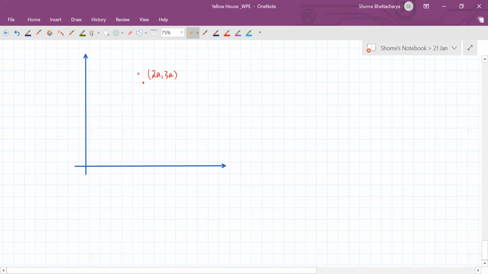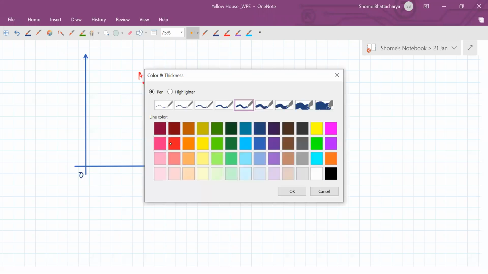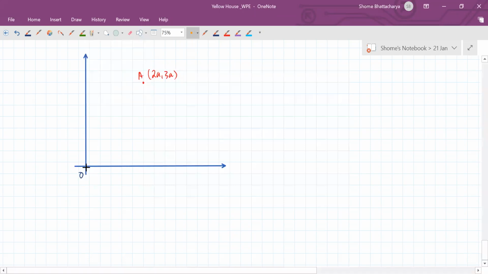But my path taken to reach this point is this path over here. First, I'm moving along the x-axis to this point, which has x coordinate 2a, y coordinate 0. Then I'm moving vertically along the line x equal to 2a from the y coordinate 0 to the y coordinate of 3a.